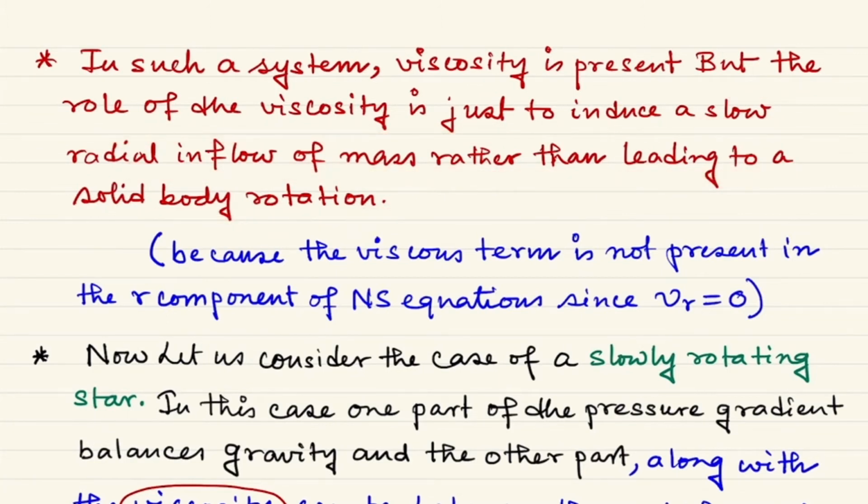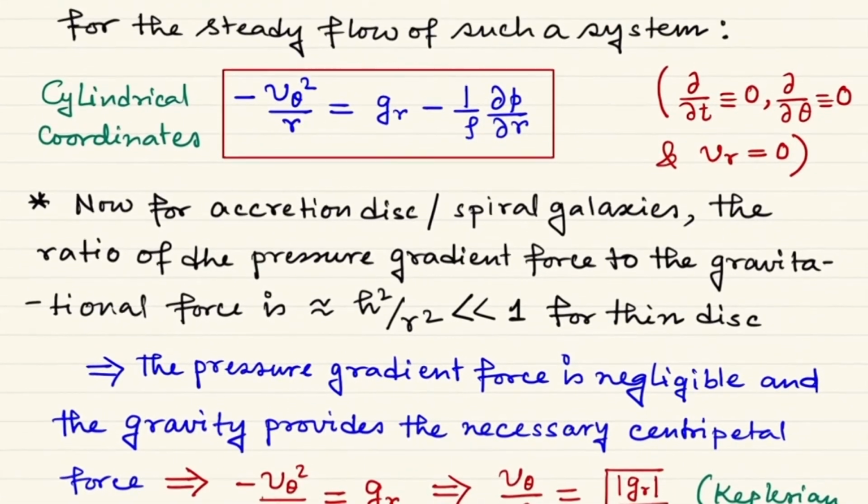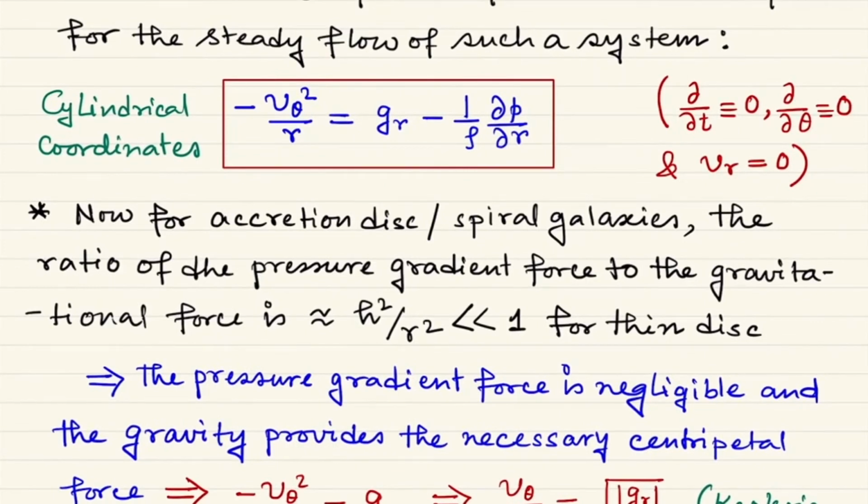If you go to this equation, you will see that there is no term from viscosity, and that's because of the simple fact that VR is so small that the viscosity term, which should be some nabla square or Laplacian VR times some coefficient of viscosity, will be very, very small.